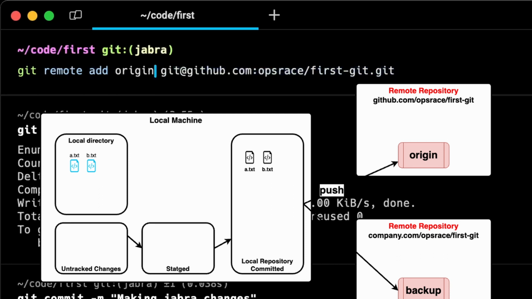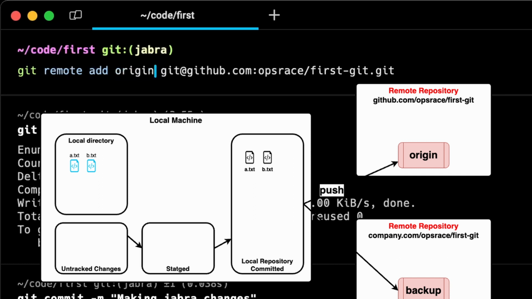Maybe origin is where this repository was initiated. You may keep this code on some local repository, some private server, or maybe Bitbucket or somewhere else, and you can name it something else, maybe GitLab, GitHub, something like that.